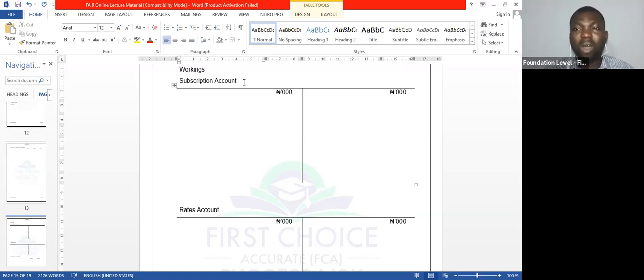When you have subscription in arrears, it's a receivable, so it's an asset. So it will be under the debit side. Firstly, you have to do the subscription opening balance, for both subscription due and also for the subscription in advance.